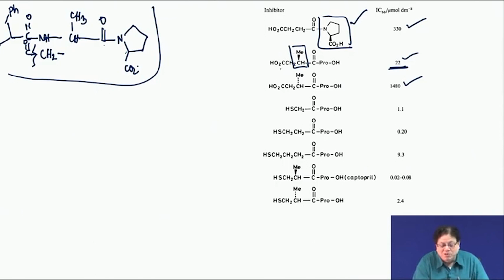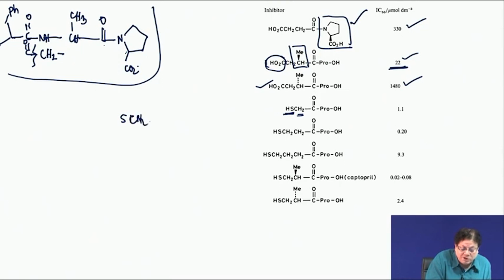Then you have CH2, CO2H. So, you did not have any peptide bond here. This CO2H is the one which chelates with the zinc, that was the idea. Then they again removed the methyl and had a sulfur here, because we know that sulfur is also a group which can form a very good chelation to the zinc.